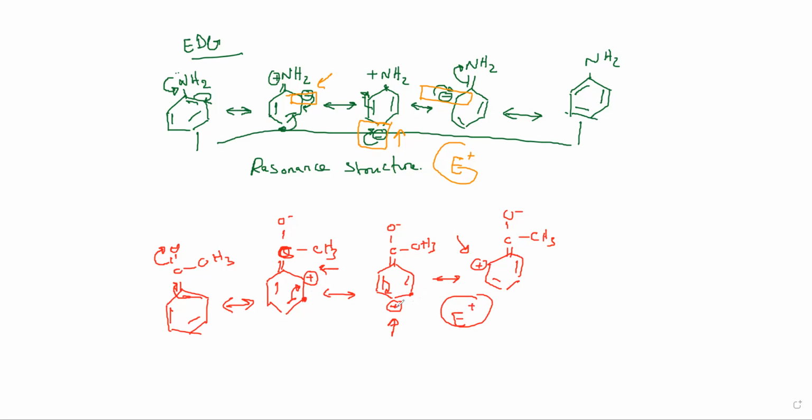And therefore, the meta position will be the preferred site if you have an electron withdrawing group. Okay, so this is basically the reason behind why some groups direct towards ortho and para, and why some groups direct towards meta.